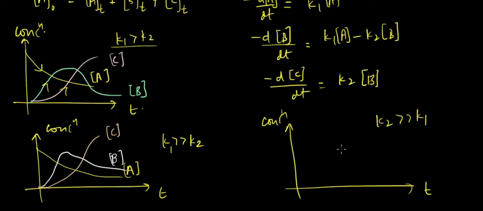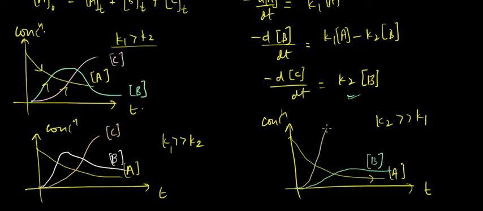As K2 is greater than K1, the concentration of A would be dropping drastically, and B also won't have such a high peak, it would be a small peak, something like this. But the concentration of C would be skyrocketing. Why? Because K2 is greater than K1, hence we'll have something like this as the graph.